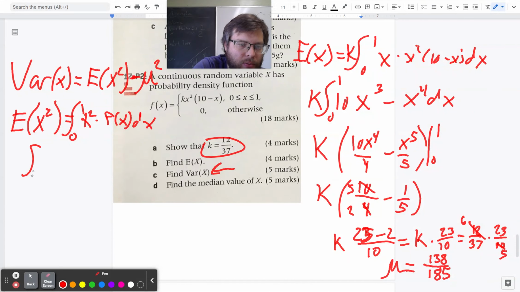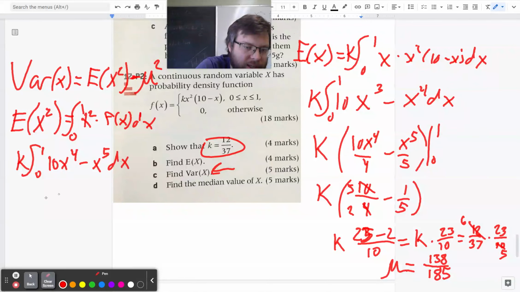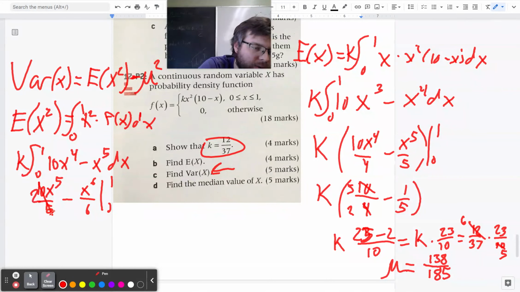So again, we will factor the k out. We'll distribute the x squared. So then we have 10x to the fourth minus x to the fifth dx becomes 10x to the fifth over 5 minus x to the sixth over 6 from 0 to 1. Knock that down to a 2. And that's all times k.